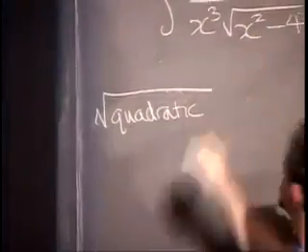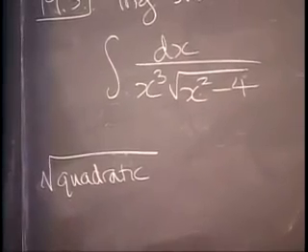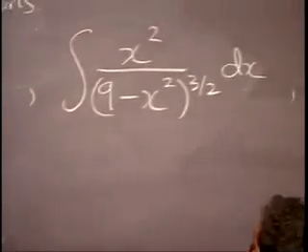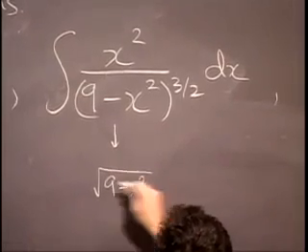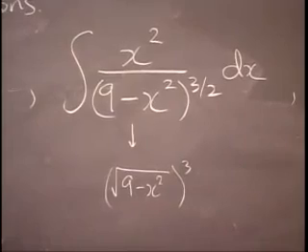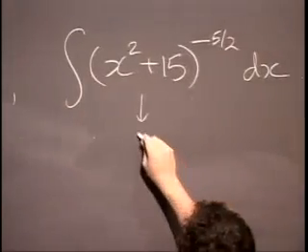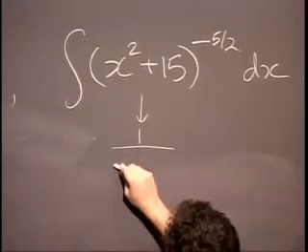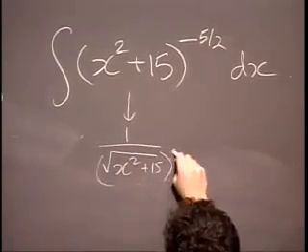Now, this one, you can see it very clearly. There's the square root, x squared minus 4. This one, it's a 3/2 power. Well, another way of writing that would be the square root of 9 minus x squared, all cubed, in the denominator. And similarly, you could write the whole integrand as 1 over the square root of x squared plus 15, to the power 5.